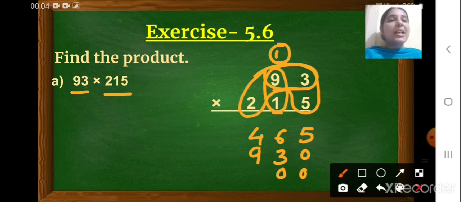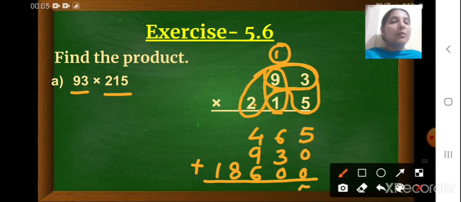Now we'll multiply. 3 twos are 6 and 9 twos are 18. Now let's add. So 5 plus 0, 5. 6 plus 3, 9. 9 plus 4, 13. 13 plus 6, 19. So 9 we will write here. 1 will be carried over to the next place.